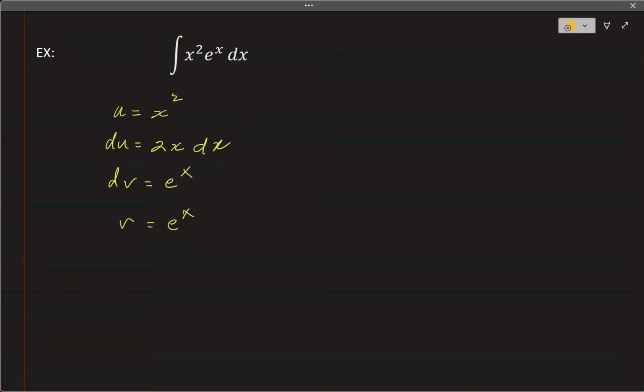Okay, very nice. Now we're going to use the formula, and that is uv. So that would be x squared e to the x minus the integral of v du, e to the x, and du is 2x dx. Excellent. We're going to polish that.